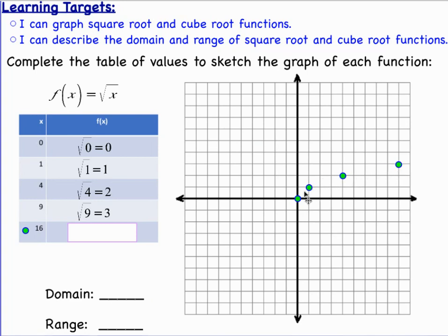Notice that it's going to be a curve. It's not going to be a straight line, because if I were to draw a straight line, we would not be able to fit all 4 points. And I have the square root of 16 here, but based on my coordinate plane, 16 would be somewhere out of the chart, and for that reason, I'm not going to include this point.